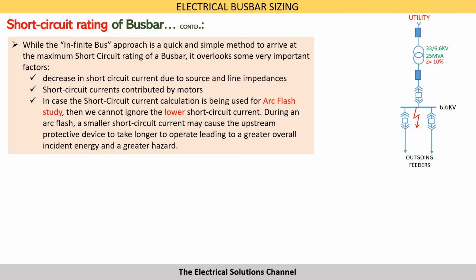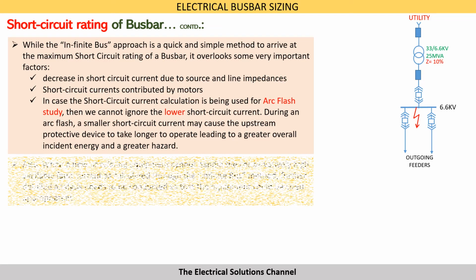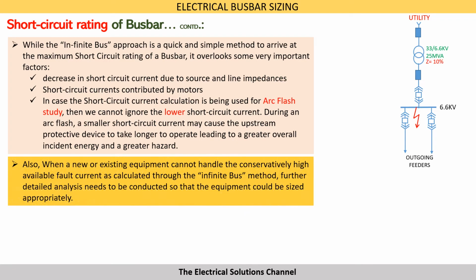In case the short circuit current calculation is being used for arc flash study, then we cannot ignore the lower short circuit current. During an arc flash, a smaller short circuit current may cause the upstream protective device to take longer to operate, leading to a greater overall incident energy and a greater hazard.